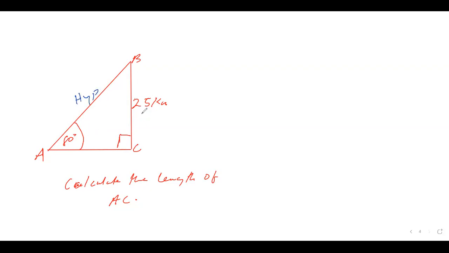What will be here? Opposite. What will be here? Adjacent. So you always look for the hypotenuse, followed by the opposite, and whatever is left is your adjacent, all right?